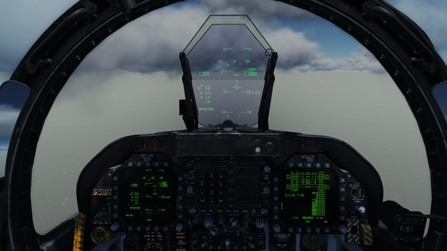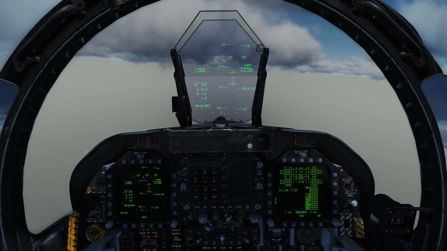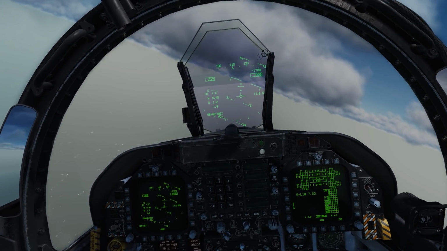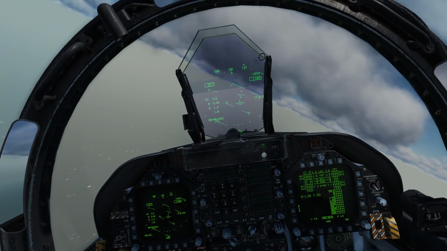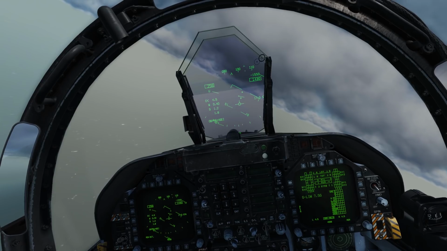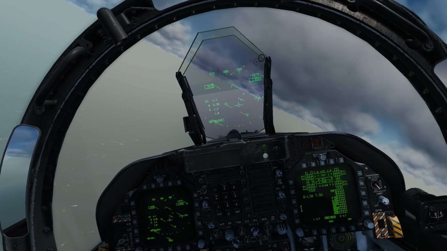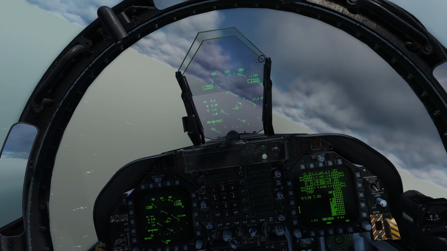And when you see your TACAN needle start to move towards your velocity vector, you can start the turn into the final bearing radial. Once you are close, arrest your descent and level out at 1200 feet.